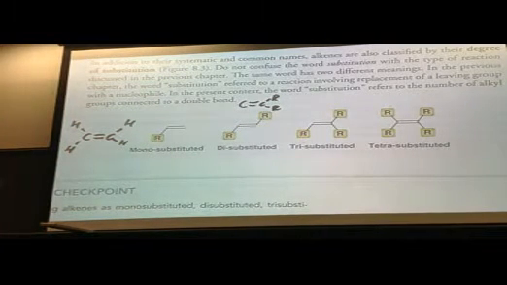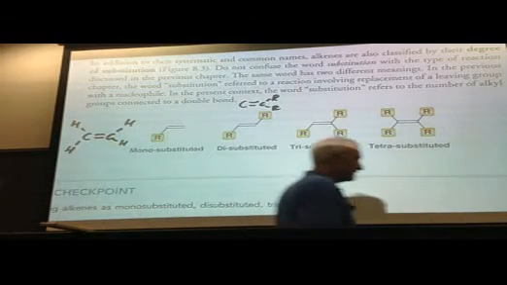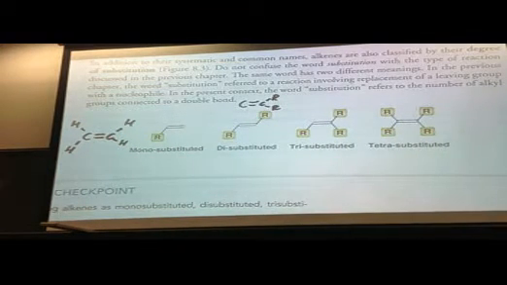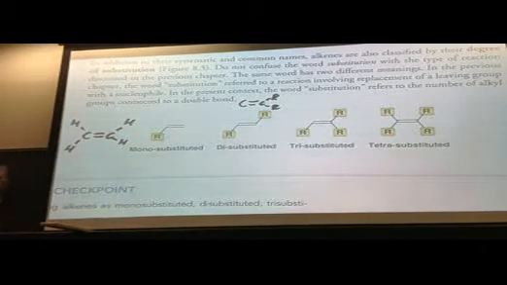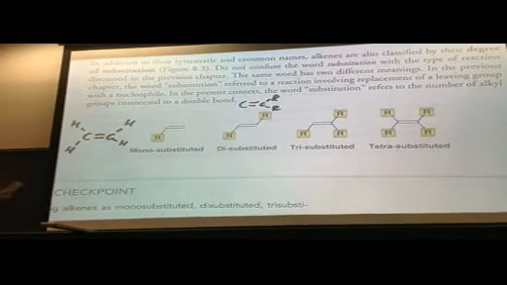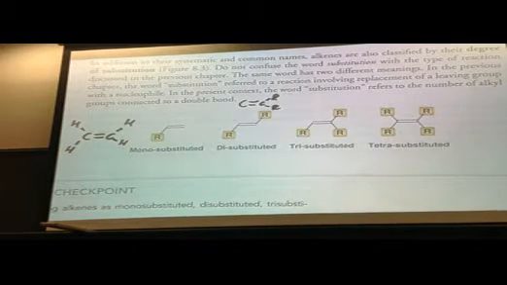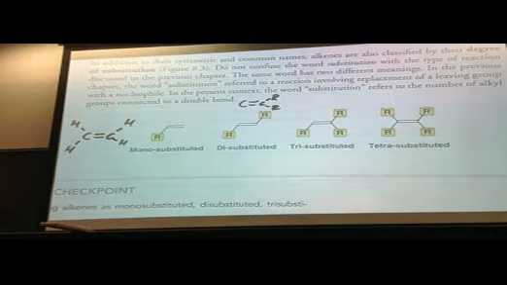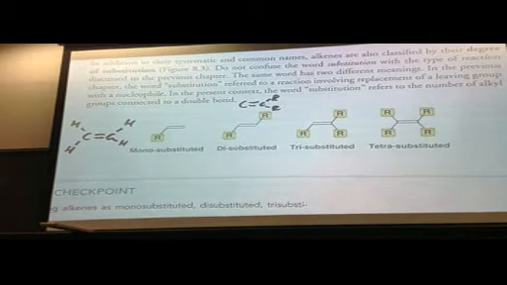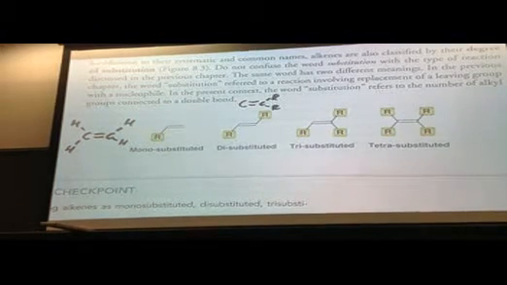So remember the stability order. That way, if you have a reaction that forms a carbon-carbon double bond, and you're going to see that in this chapter, you can decide where that double bond would go. You have a halogen.